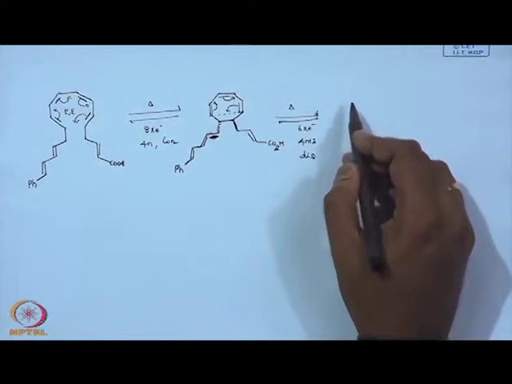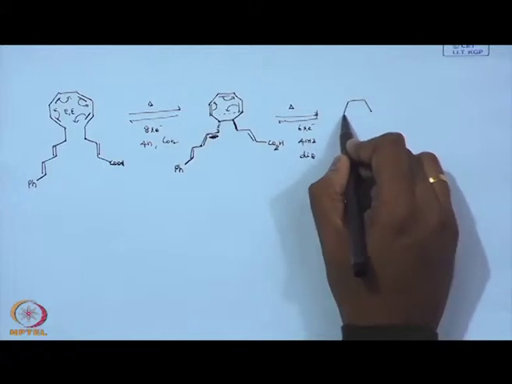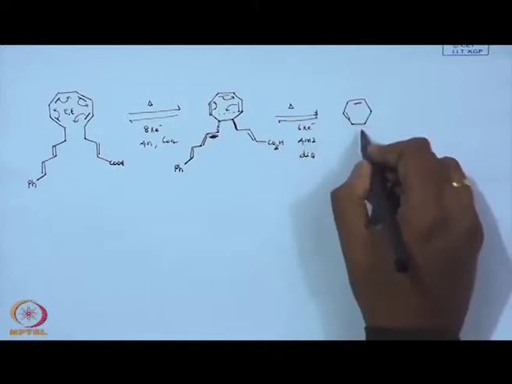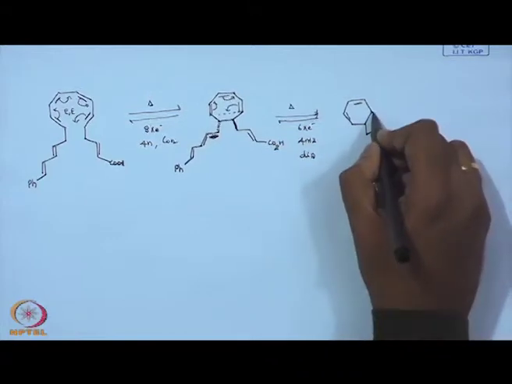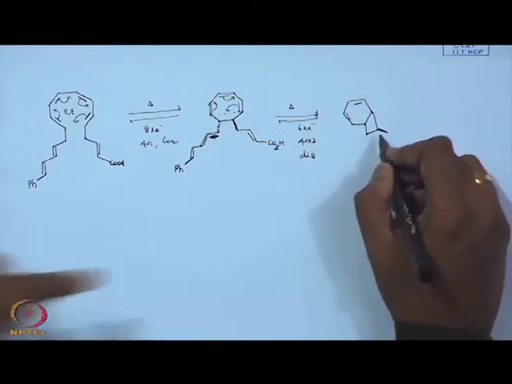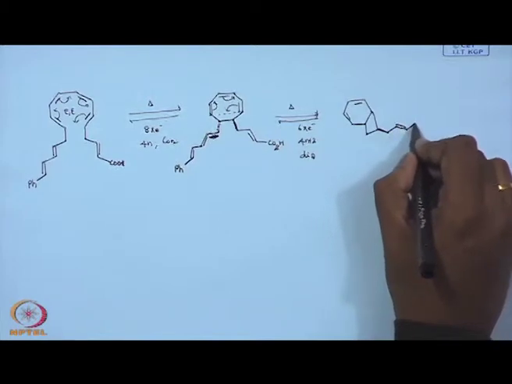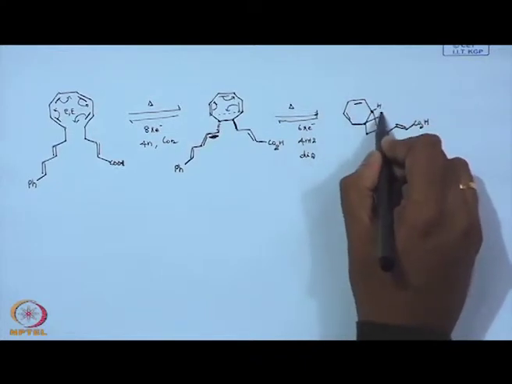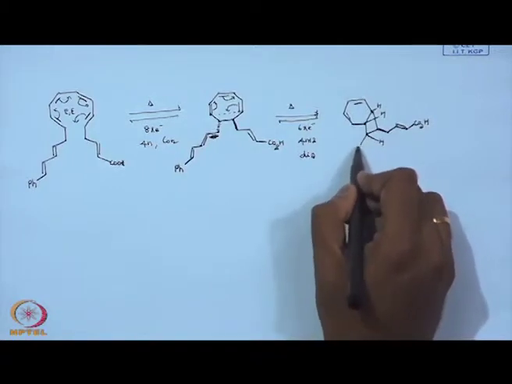If you draw the structure, this side you will have your carboxylic acid, a double bond, and you have your hydrogen, and this side you will have your phenyl.